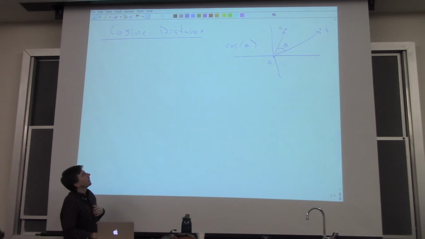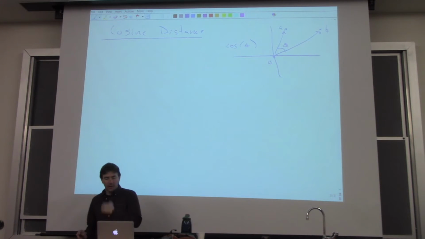Okay, that seems kind of strange. Now I have to compute an angle between vectors. How do I do that? Turns out that you can do this with some dot products.